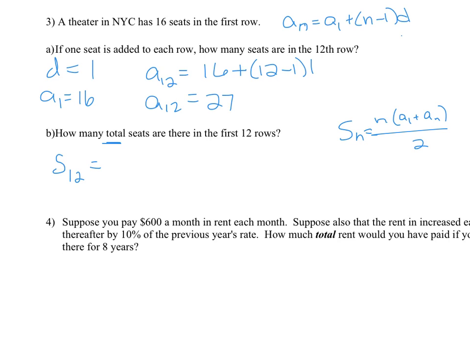So the first term we said already was 16. Oh, excuse me. We want the first 12 rows, so that's n. A1 is 16. An, we just figured that out. That was what that was for. Over 2. So you have 258 people.